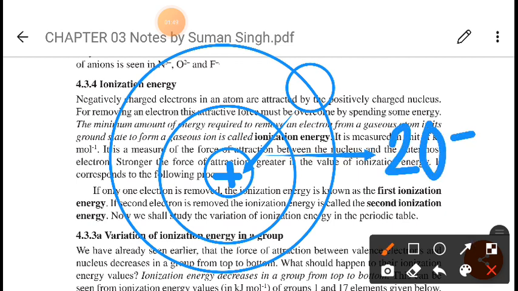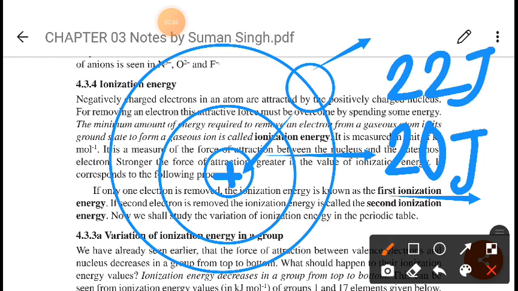If we want to remove this electron from here, we have to supply extra energy, more than 20 joule. We may supply 22 joule or 30 joule, and then only this electron will come out. So this extra energy which we supply to remove an electron from an isolated gaseous atom is called ionization enthalpy. I hope you have understood this.